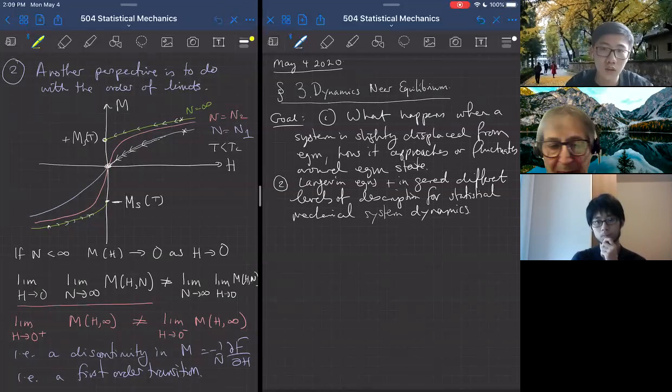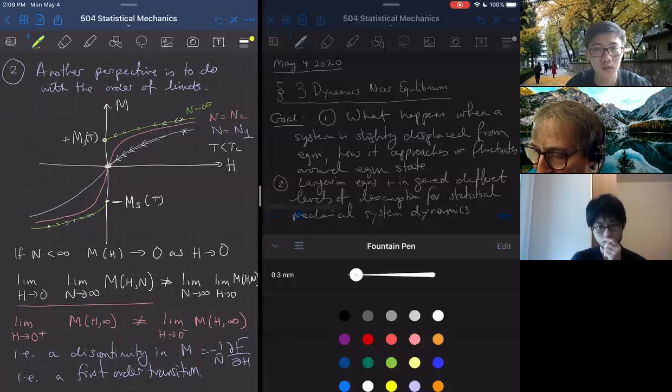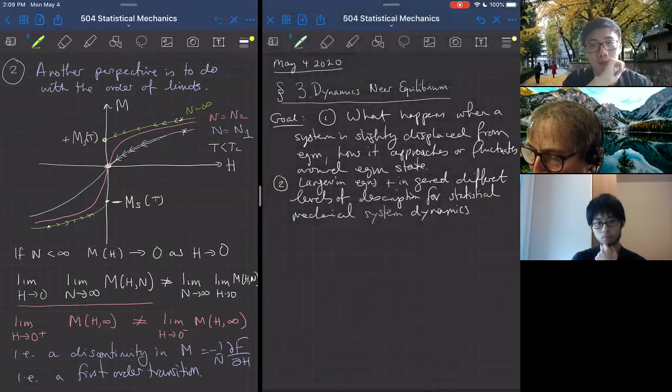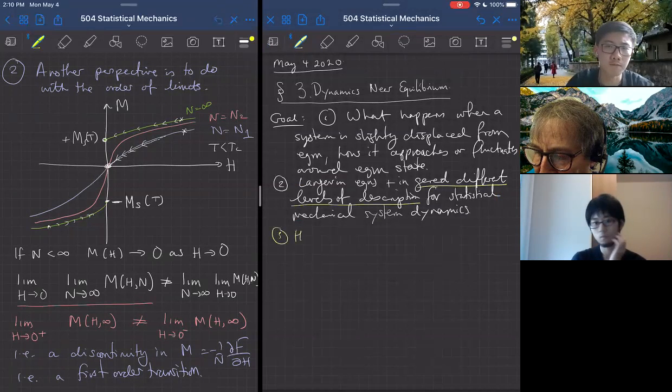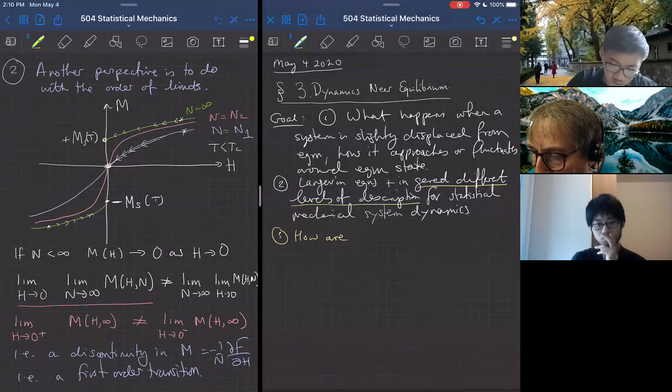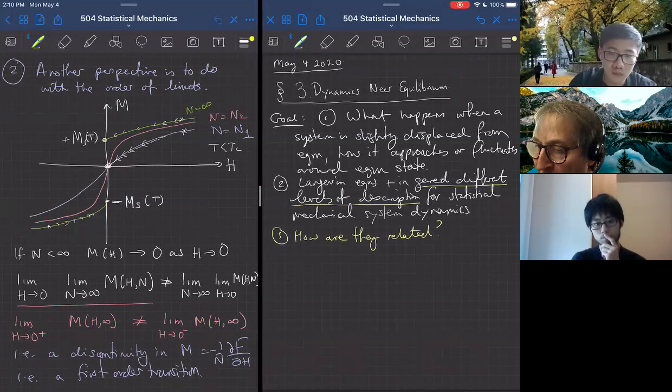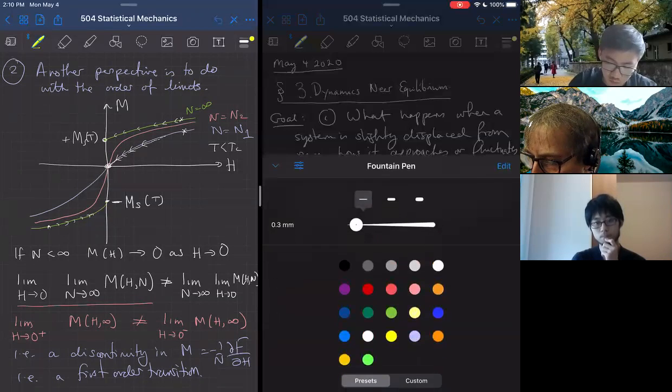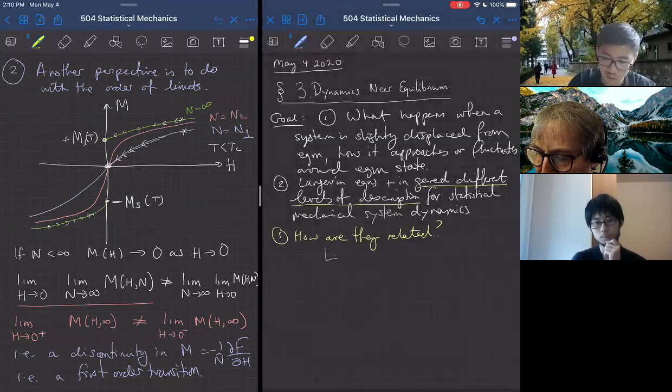So we're going to look at the dynamics of these fluctuations, and the important point here is the different levels of description. Not only do we want to see these different levels, but we also want to see how we relate them. And this is going to be very important because it's going to lead us to some very fundamental results in statistical mechanics called the fluctuation-dissipation theorems.